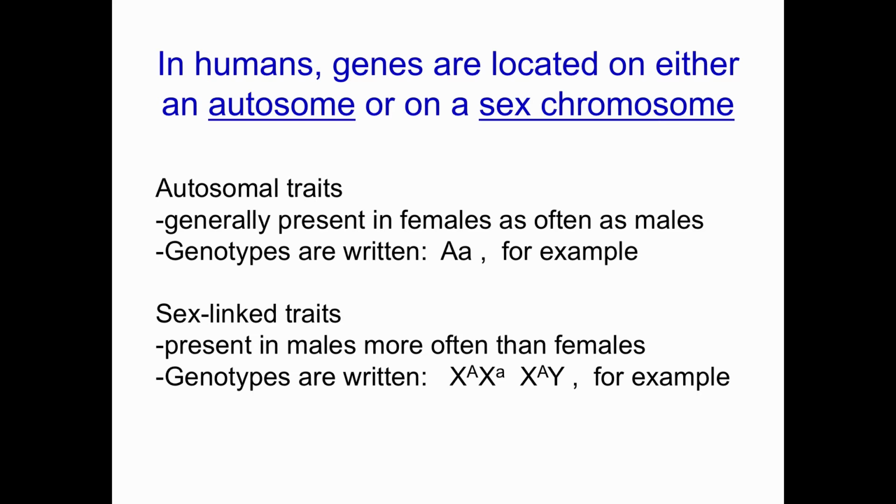And of course, the sex chromosomes are the chromosomes that determine sex, which is why they're called the sex chromosomes. All the other ones are the autosomes, and they determine all the other stuff. The sex chromosomes carry other information other than just sex, though, of course. And so there are some of these disorders that are carried on these sex chromosomes.